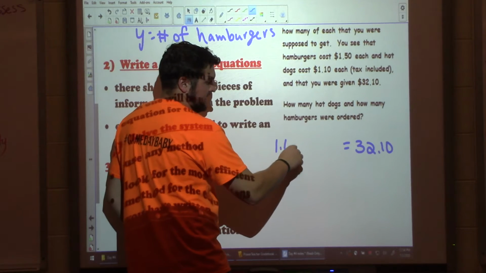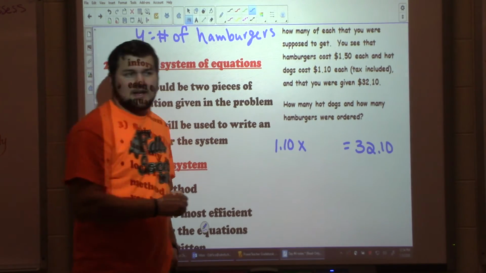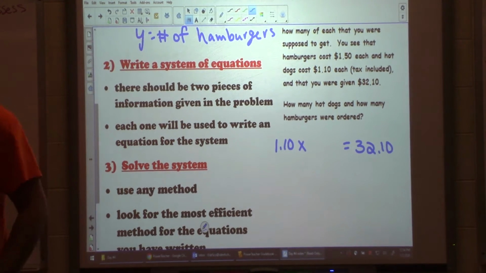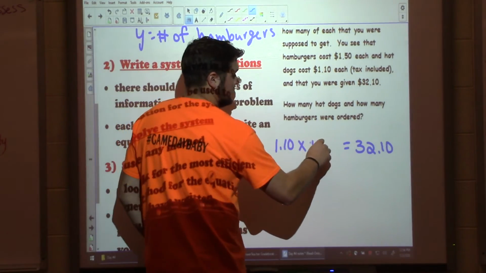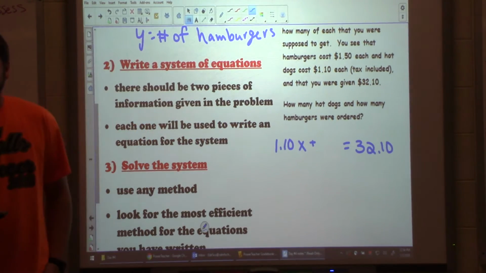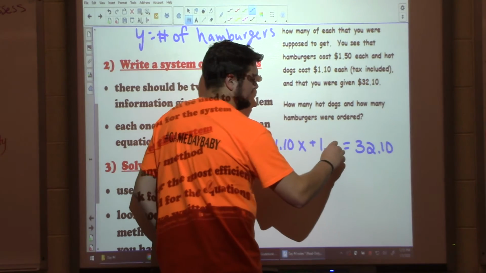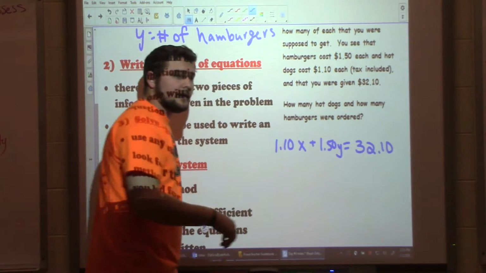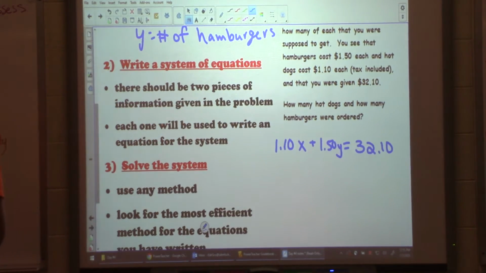So $1.10 times every hot dog ordered, or x, plus, how much does a hamburger cost? $1.50. So $1.50 times y, or however many hamburgers are ordered. So that's our money equation.